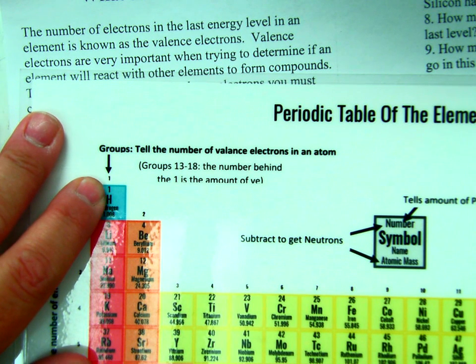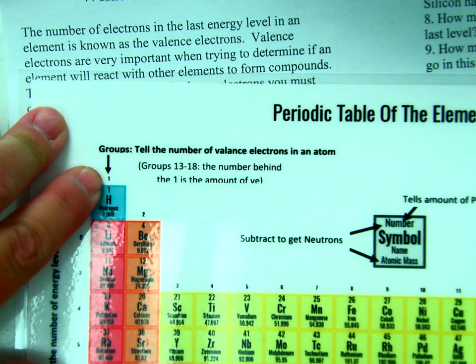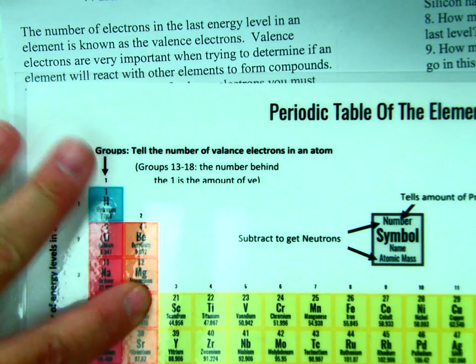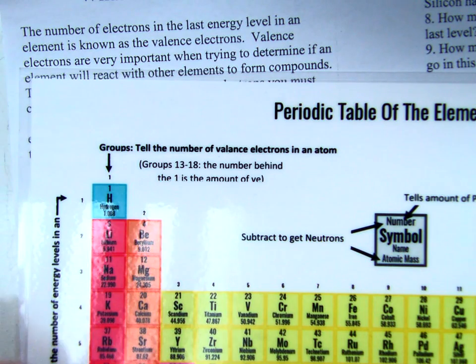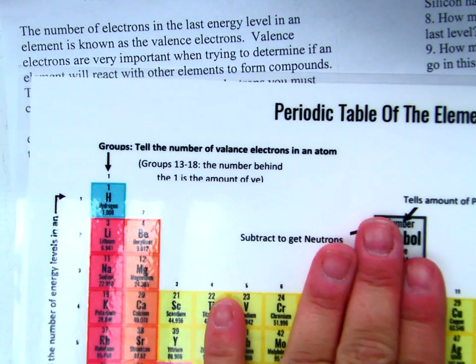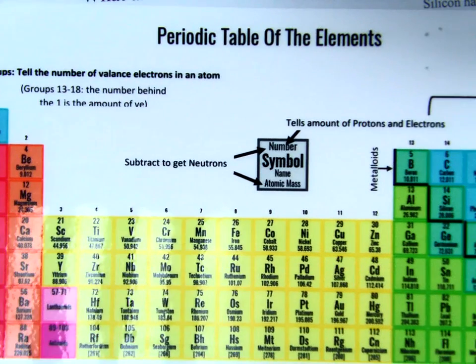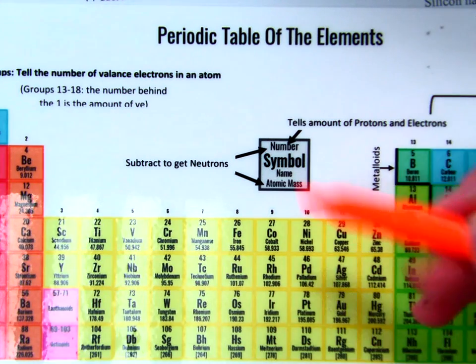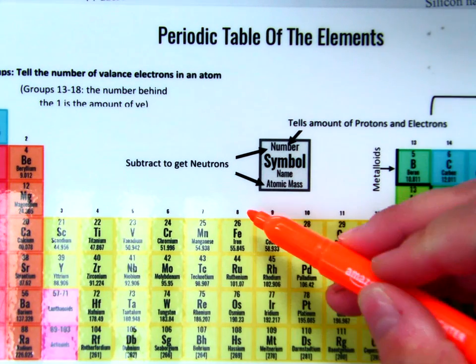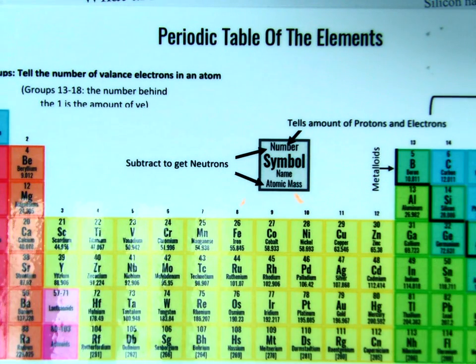So, for instance, hydrogen has 1 valence electron. This column of beryllium, the alkaline earth, have 2 valence electrons. Now, we skip the middle, only because when you get to high school, you're going to use that one more often, but the valence electron rule becomes different right here for 8, 9, and 10. And you'll learn more about that later.